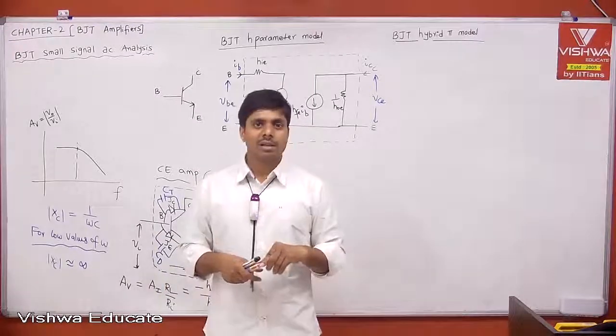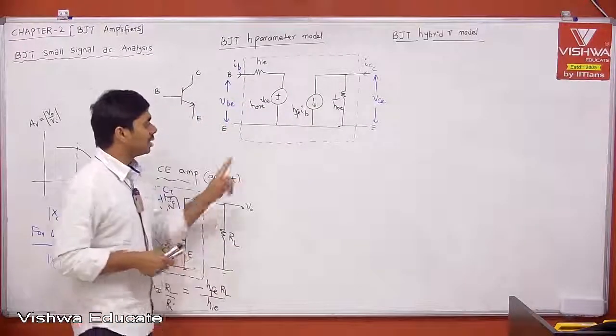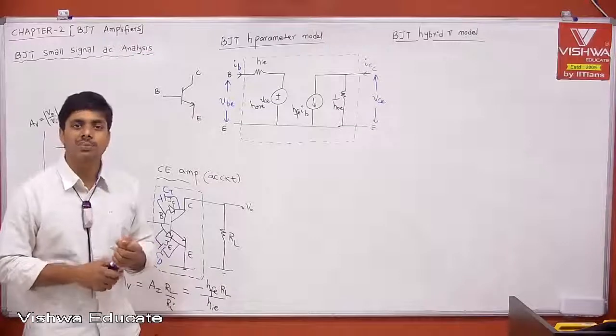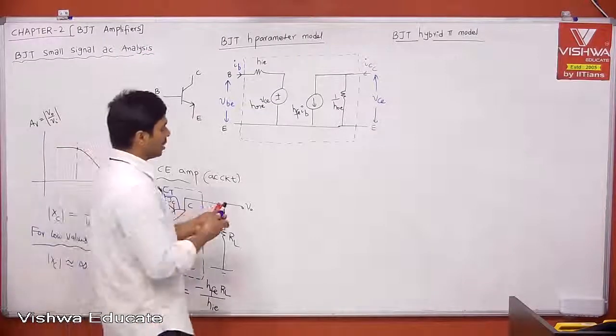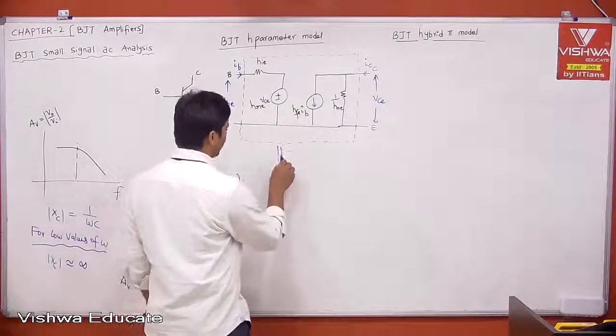Everybody understood, right? The limitation of the H parameter model is it cannot explain high frequency response. Therefore, you can write down: it failed. What is the limitation?